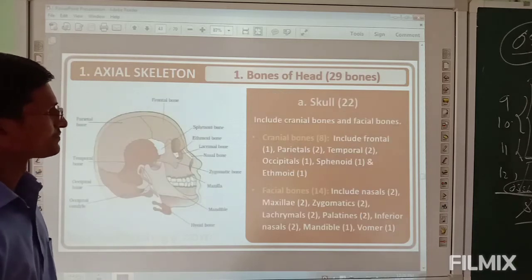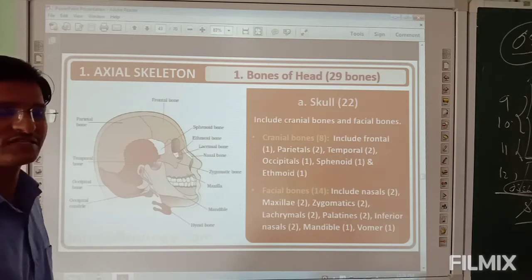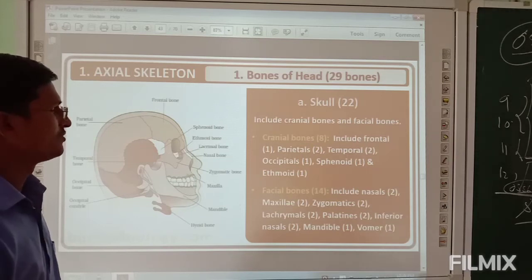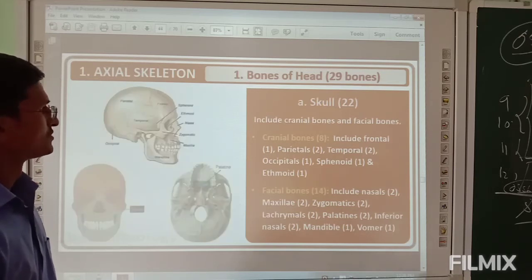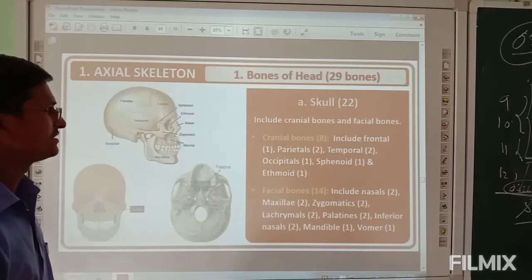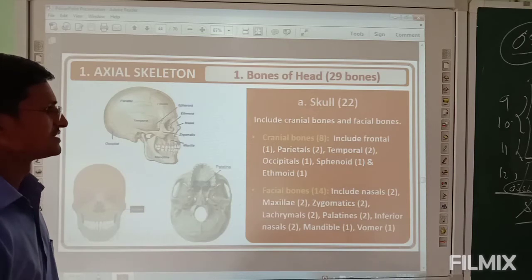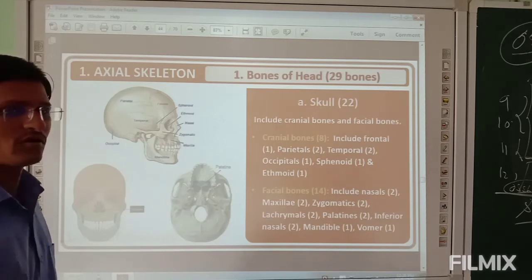Then the skull's 22 bones include the cranial bones and the facial bones. The cranial bones are 8 and the facial bones are 14. The cranial bone names are frontal, parietal, temporal, occipital, sphenoid and ethmoid.